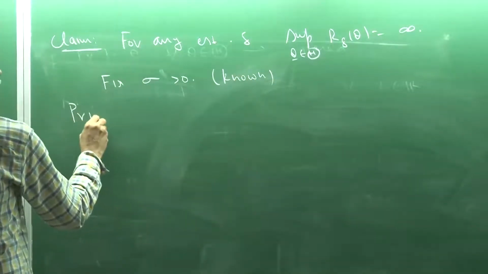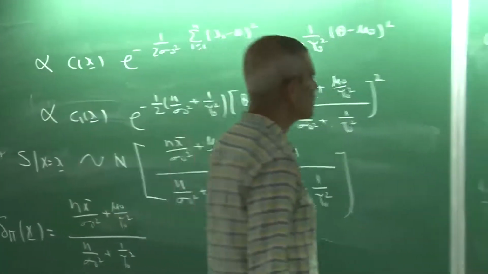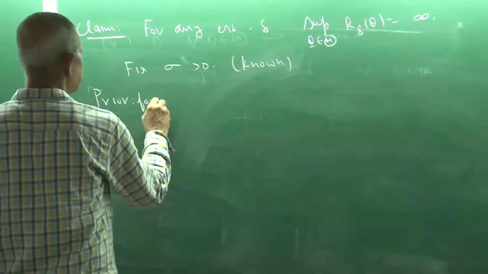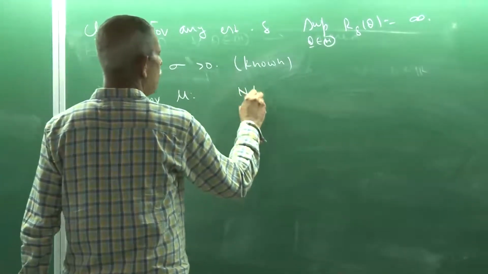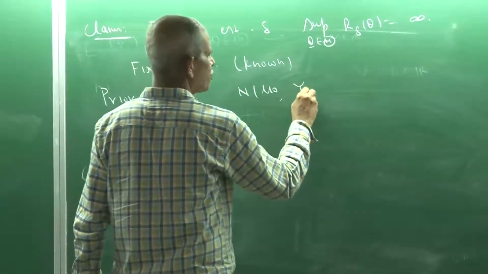Now if sigma is known, I consider the prior for mu, which I considered the same as in the last case. I consider normal(mu naught, tau naught square).